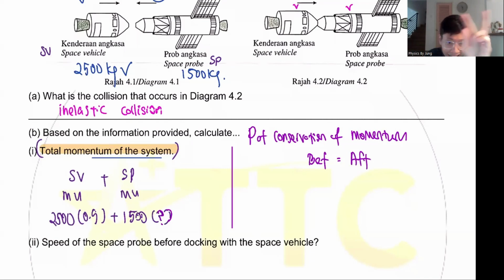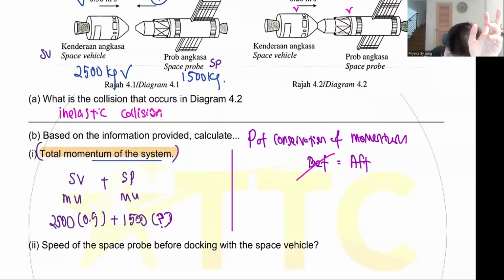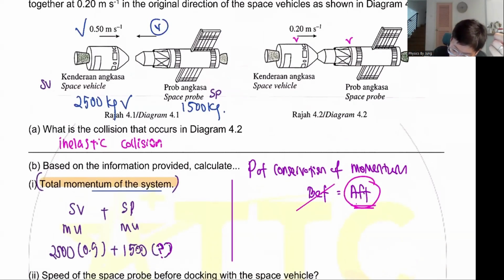So how do I find the before momentum? I cannot find the before momentum. Then the strategy is I calculate the after momentum because I cannot find the before. Can I find the after momentum? Can. My space vehicle is 2,500 kg, my space probe is 1,500 kg. Now they are stuck together, so you consider them as one object. There are two ways to write it.